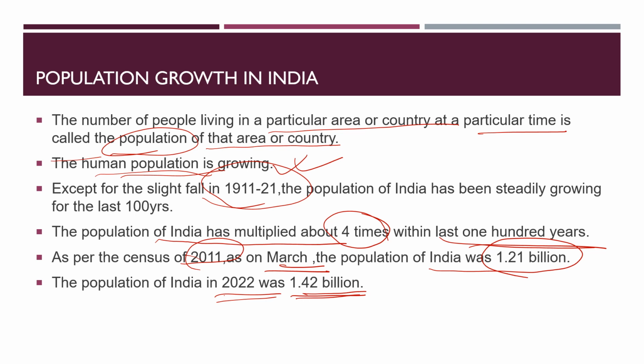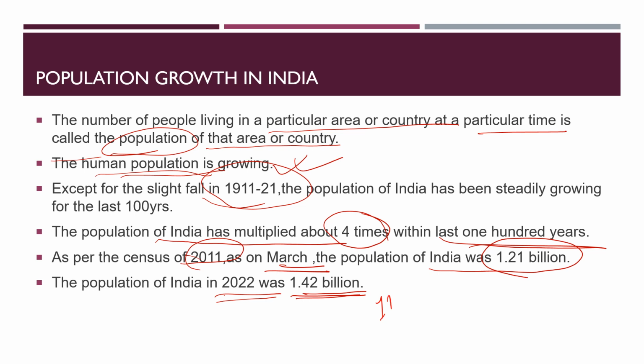It's growing so fast that we can say there is a huge population explosion, and there is an alarming rate of rise in human population, and it's a cause of concern for us. So every year on 11th July we celebrate World Population Day.